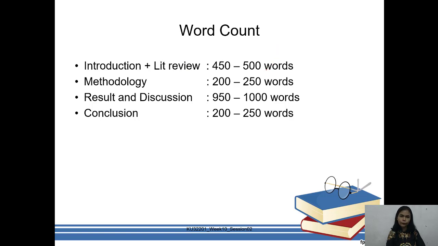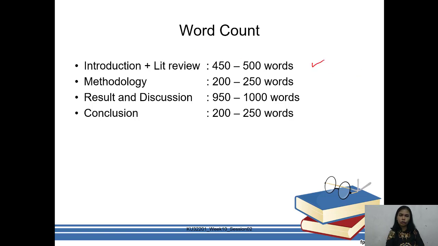However, if you would like to separate the introduction and literature review, you are most welcome to do it, and you can add more words to the word count. The introduction could be around 250 and the literature review another 250. If you want to go more, it is okay, but you need to tell me beforehand. So that's the word count for the introduction and literature review.